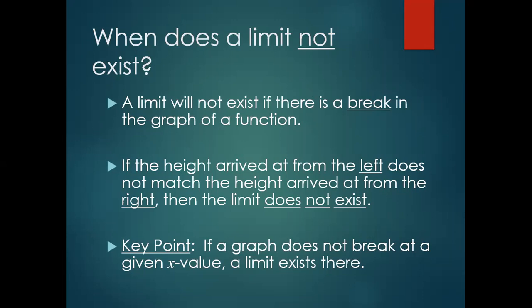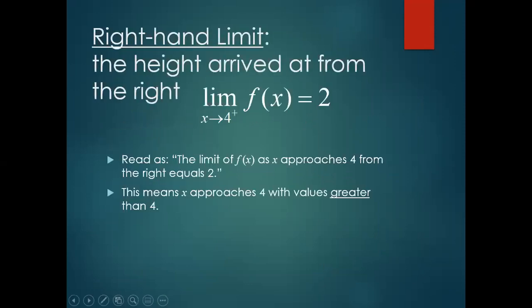And what do we mean by one-sided limits? Ito yung nababanggit ko kanina na limit from the left and the limit from the right, or the right-hand limit and the left-hand limit. We start with the right-hand limit. The right-hand limit is the height arrived at from the right. Kung babasahin natin ito, this is read as the limit of f of x as x approaches 4 from the right equals 2.